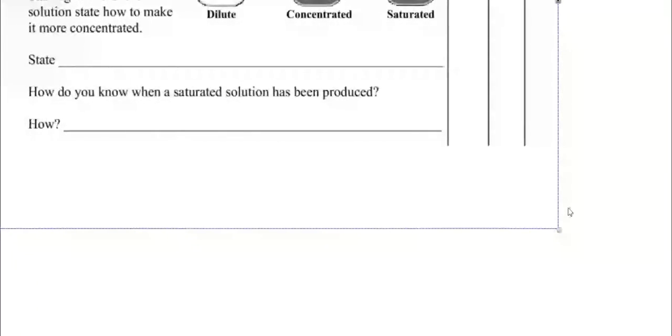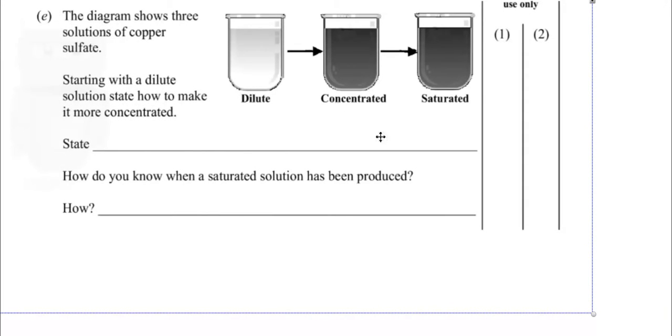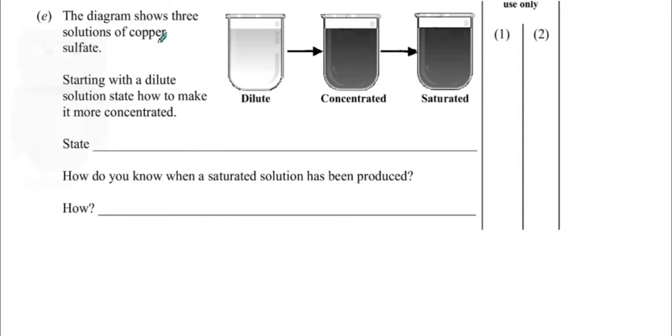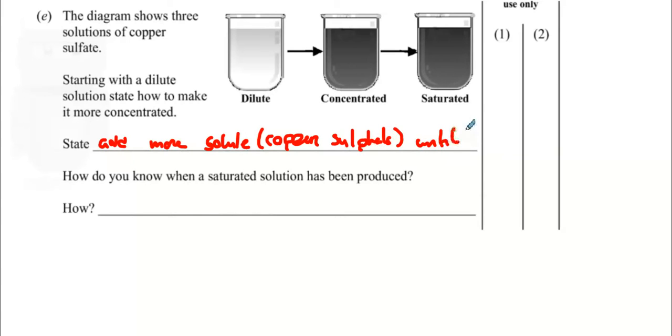Next one. The diagram shows 3 solutions of copper sulfate. Start with the dilute solution. Say how to make it more concentrated. Add more solute, slash copper sulfate, until no more can be dissolved.